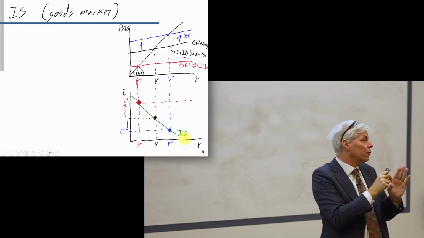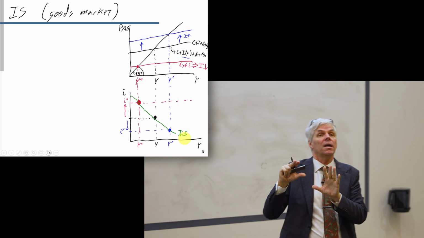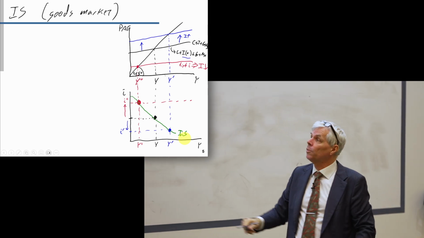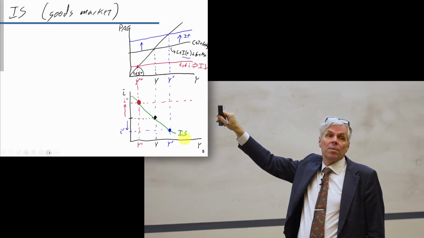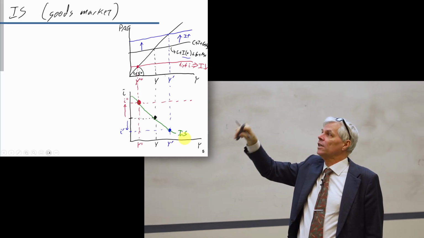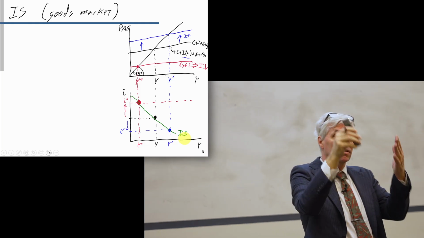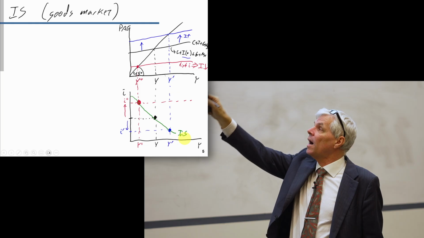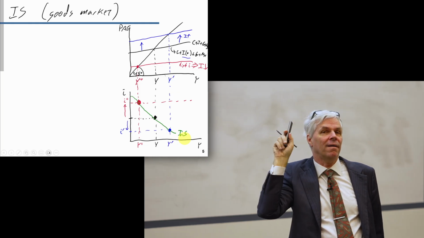But in the first instance, changes in the interest rate are happening on the money market, not in the goods market. And so we can try every possible interest rate and find out what the equilibrium level of output is. Interest rate determines investment. Investment gives us that line, which gives us the new equilibrium level of output. The higher the interest rate, the less investment, and therefore the less output we have.